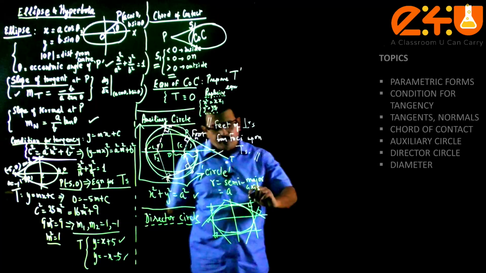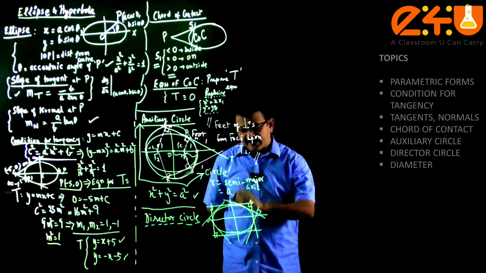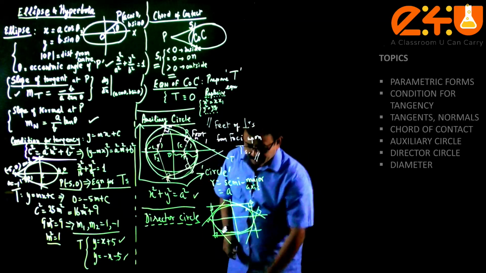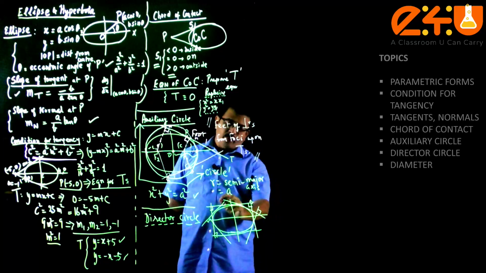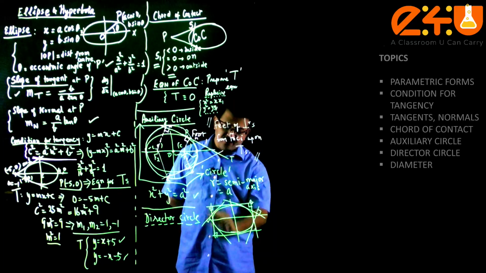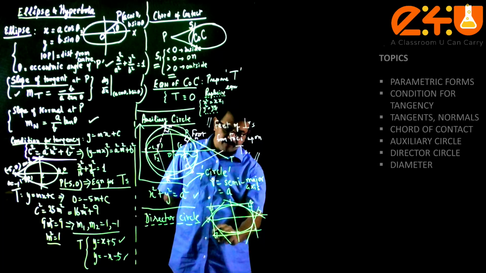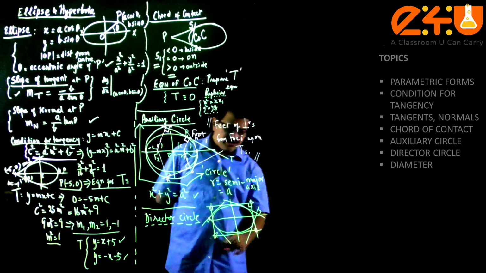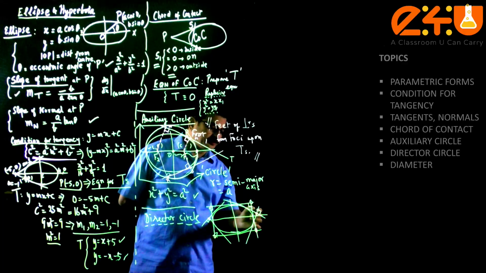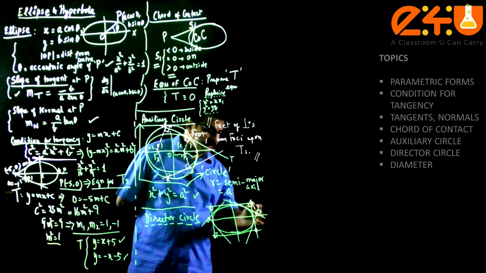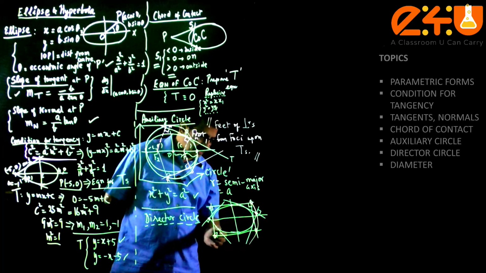And the points of intersection of those mutually perpendicular tangents are joined, and I get another circle.